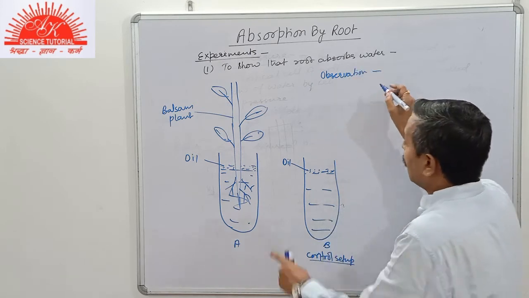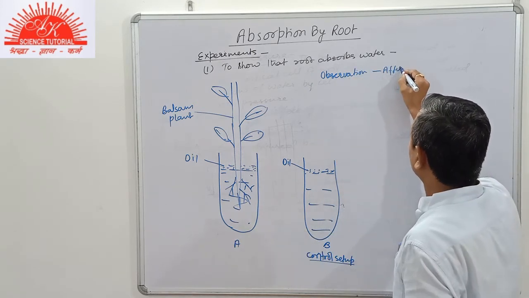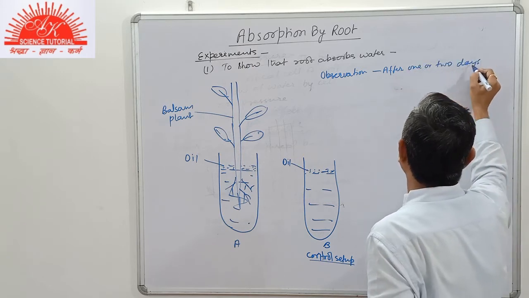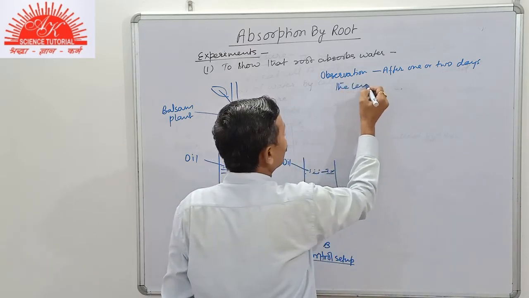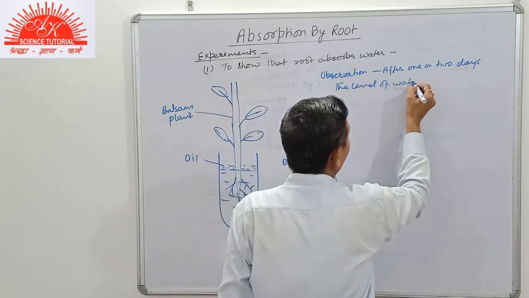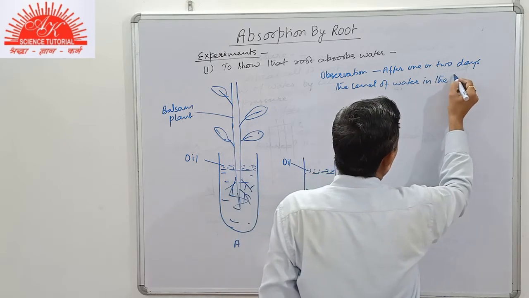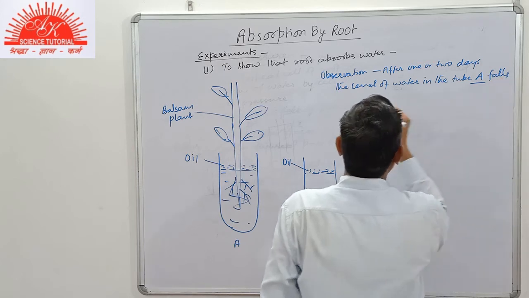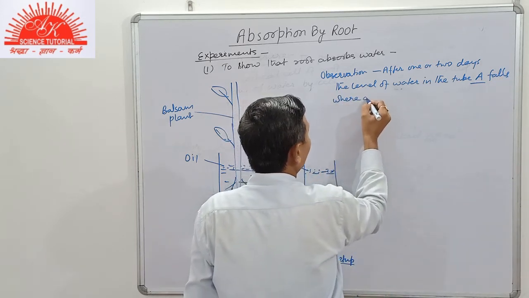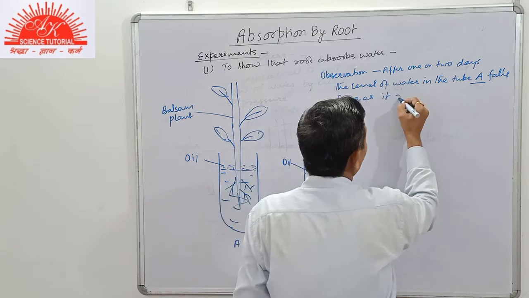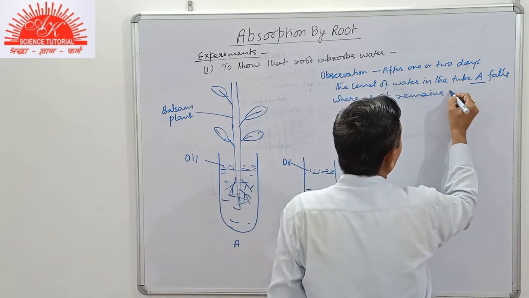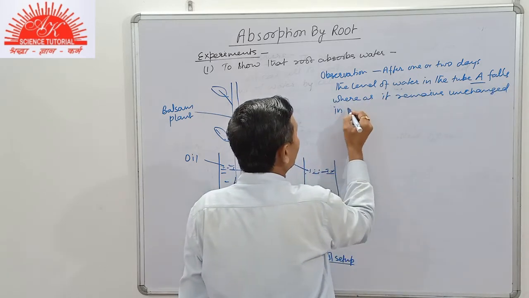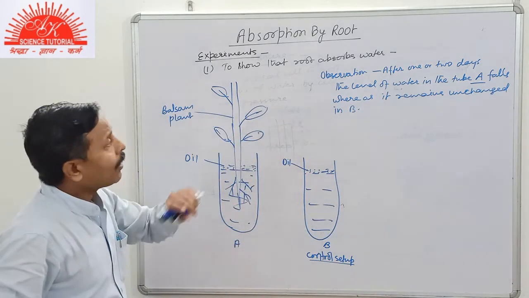Observation: after 1 or 2 days, the level of water in tube A falls, whereas it remains unchanged in B. Now this is the observation.